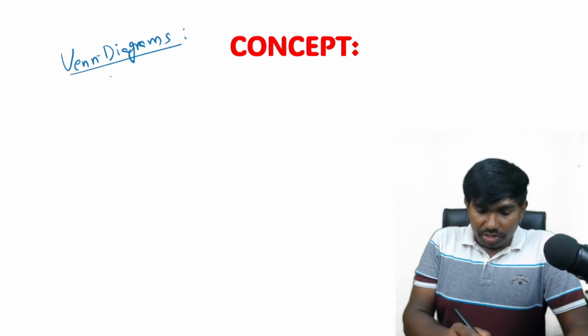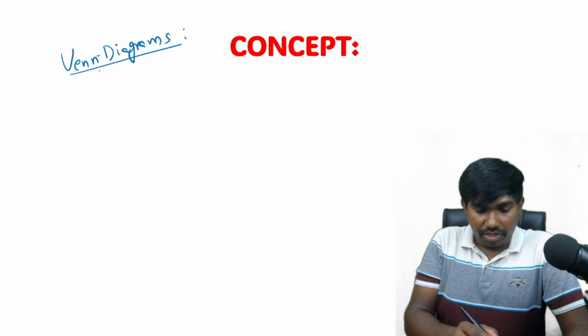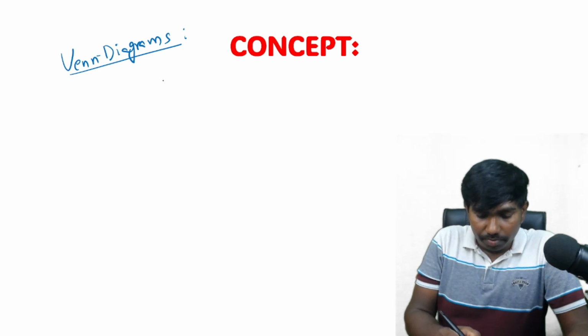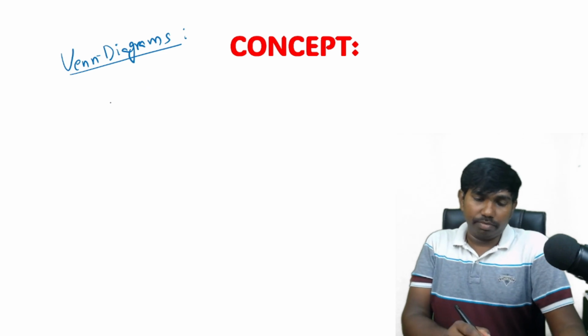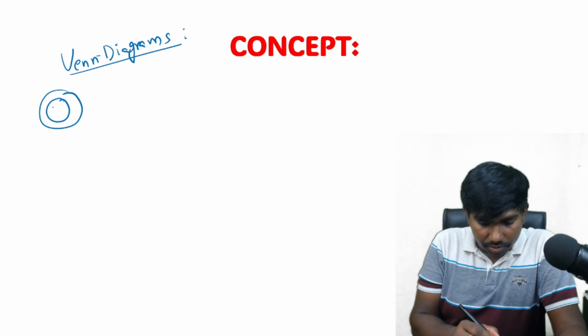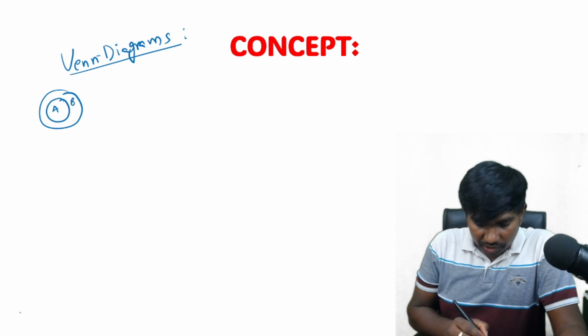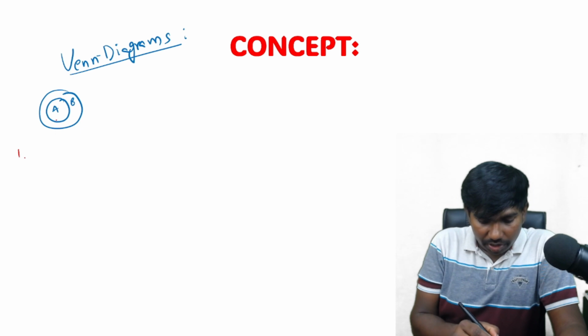See, you already have an idea. I hope you have an idea of Venn diagrams, how to draw them. First, let me give the diagram, and you have to give all possible statements for the diagram. This is A and this is B. What are the possible statements we can say for this diagram? Number 1, we can say all A's are B's.